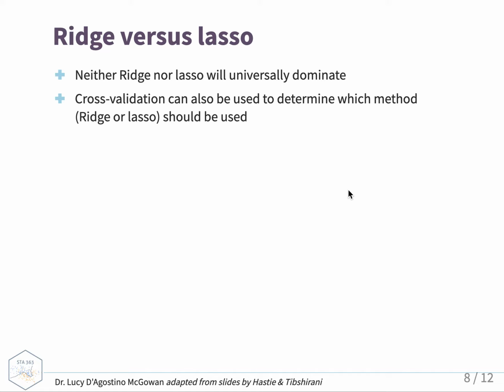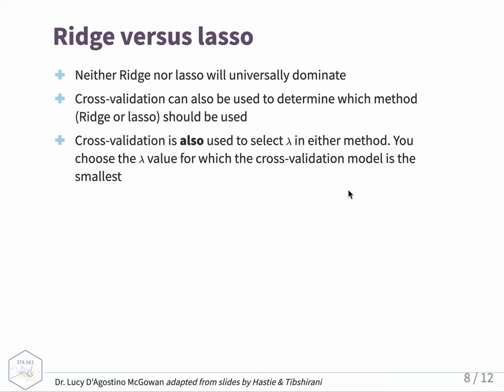So we're going to be using root mean squared error or mean squared error as our way to assess how the model's doing. And so if the goal is just to fit the best model possible, sometimes the best model is going to be ridge, sometimes it's going to be lasso. And you can imagine creating these cross-validation samples and trying your model using ridge, trying your model using lasso, and you could compare the results accordingly.